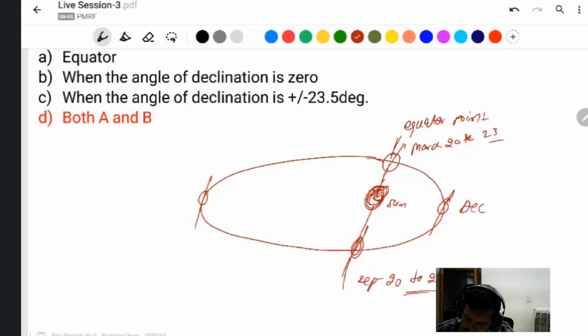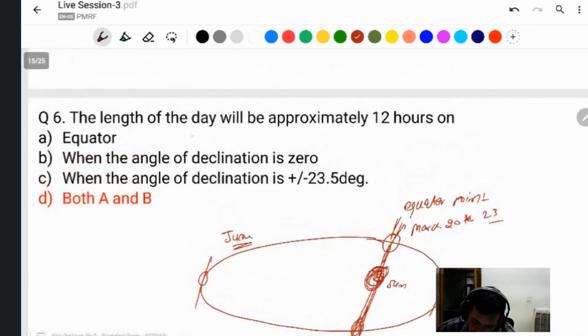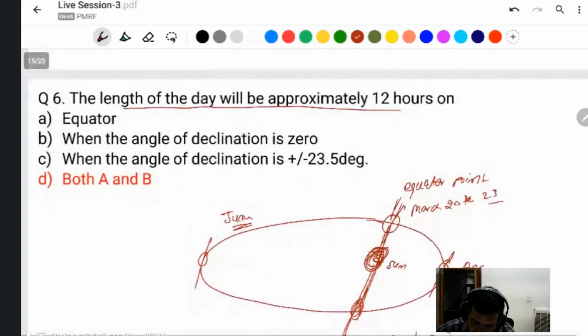This will be the December line. This one is June. The equator line, this one. At the equator line, the day and night are the same. That's why we take the day to be approximately 12 hours. That's the equator point.